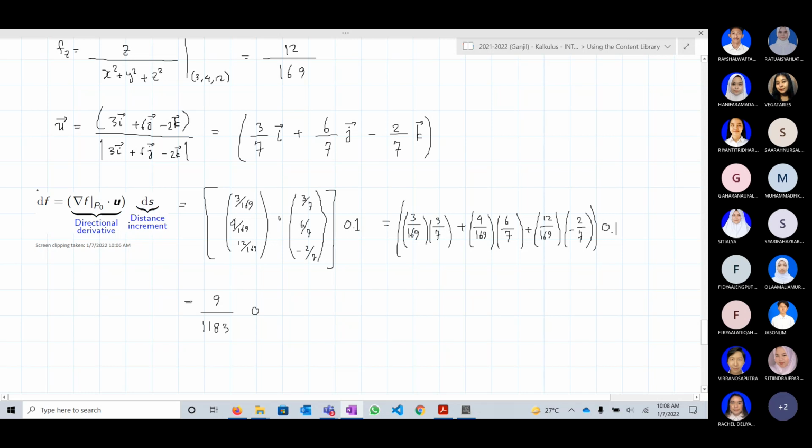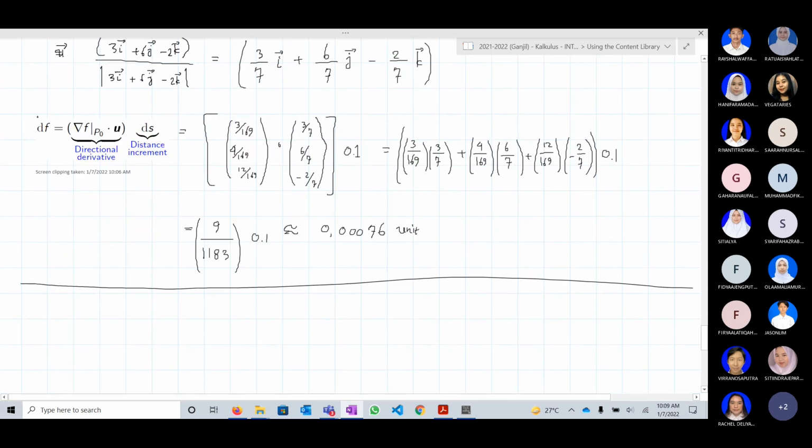We multiply with 0.1, which is approximately 0.000760. Sorry, that's all. Unit.